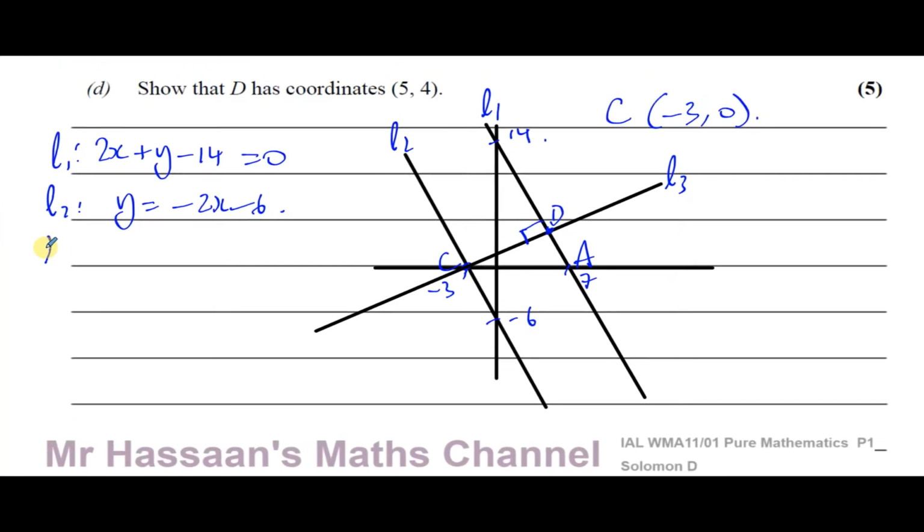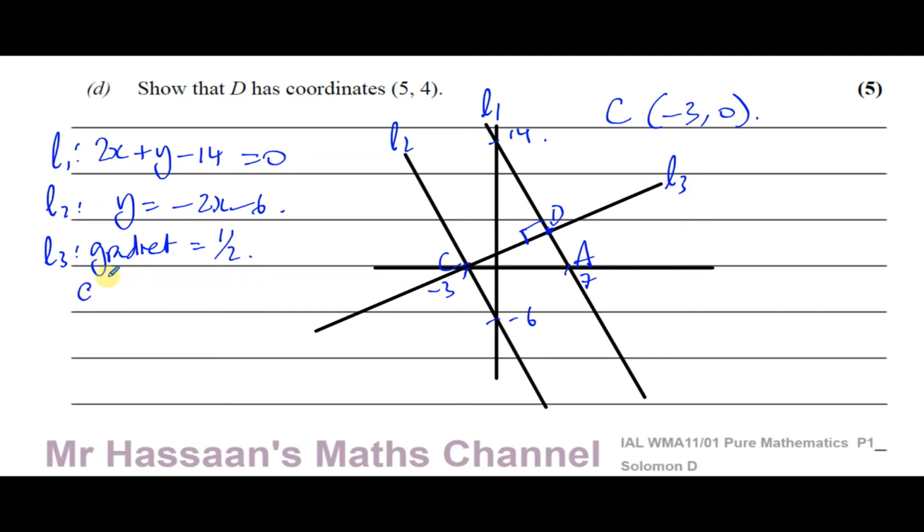Now for line 3, we know the gradient is the negative reciprocal of -2, which is a half. The gradient is equal to a half because this line is perpendicular to line 1, as they told us. Therefore, its gradient is a negative reciprocal. So you take the gradient of line 1, which is -2, and you turn it upside down and change its sign. And we know that it goes through the point C, which is -3, 0.